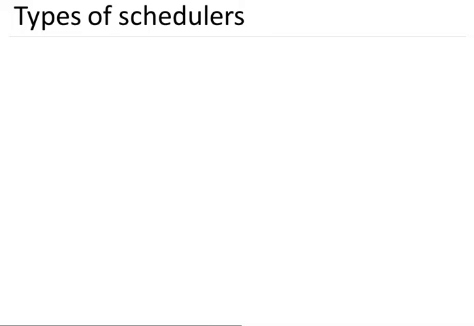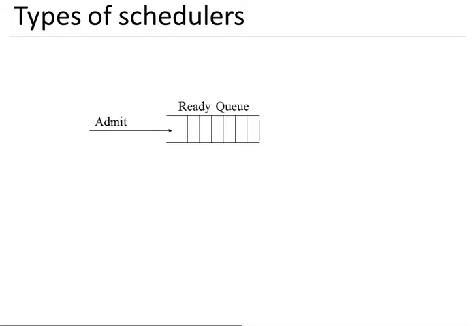Types of scheduler: whenever a particular process is admitted to the ready queue. The ready queue is basically a collection of processes which are waiting for their turn to get the CPU. So which process to select into the ready queue?